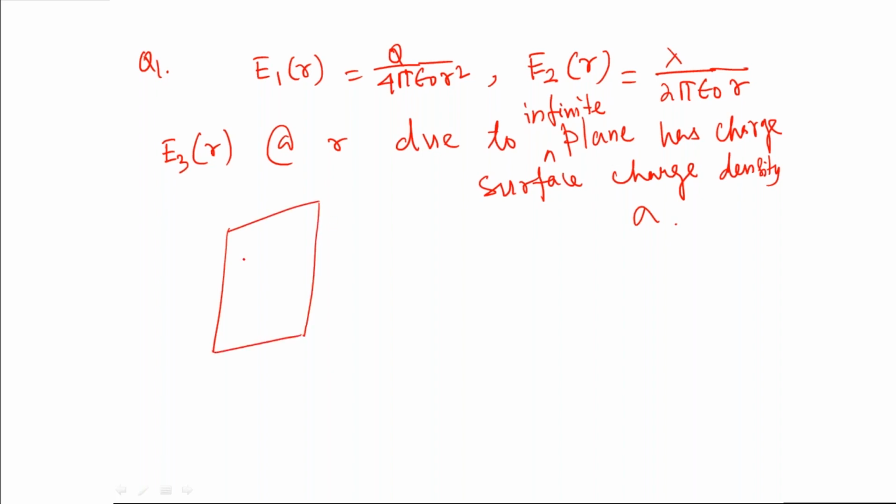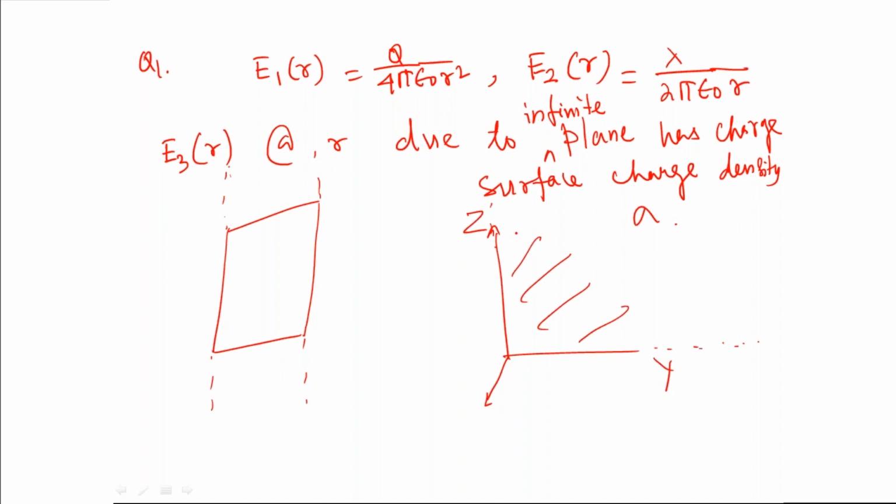You have two infinite directions, and the other direction is limited. Suppose this is z and this is y. The y and z directions can go up to infinity, but this x direction is limited. So this is called an infinite plane.